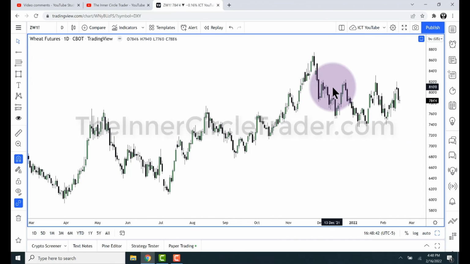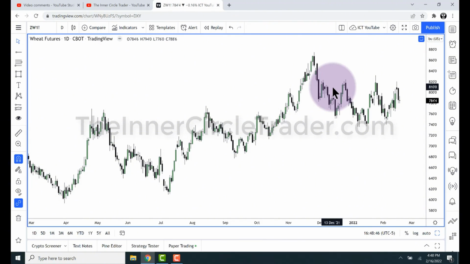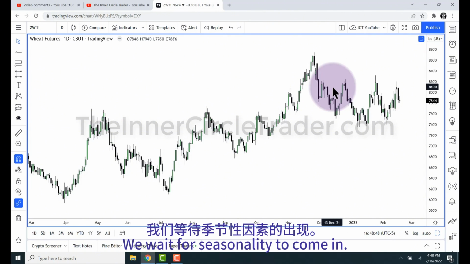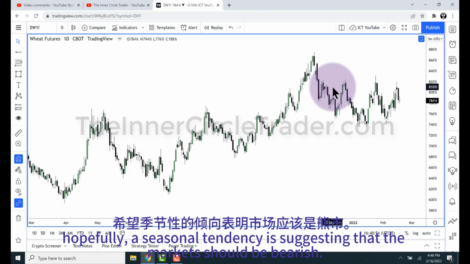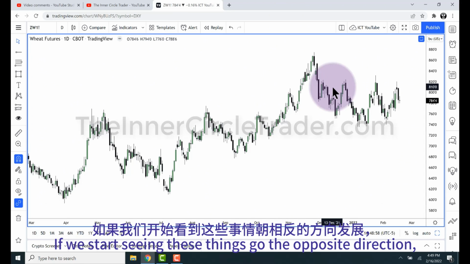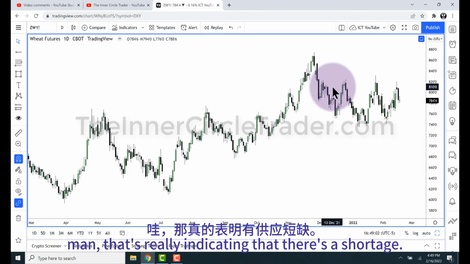The backdrop behind the mega trade is forming. We wait for seasonality to come in, and then we also want to see when a seasonal tendency is suggesting that the markets should be bearish. If we start seeing these things go the opposite direction, that's really indicating that there's a shortage.